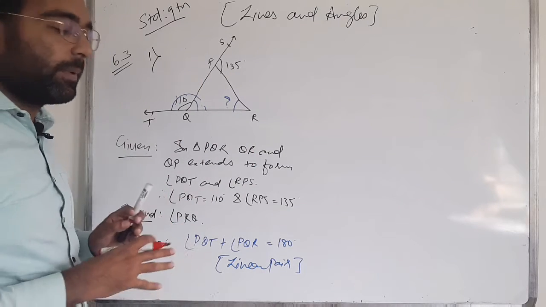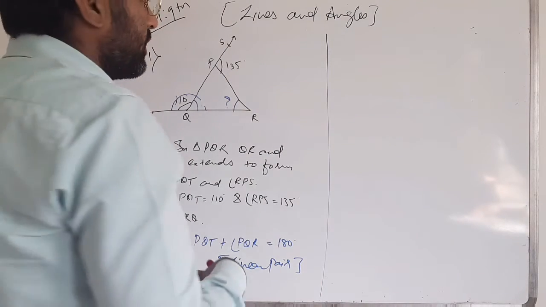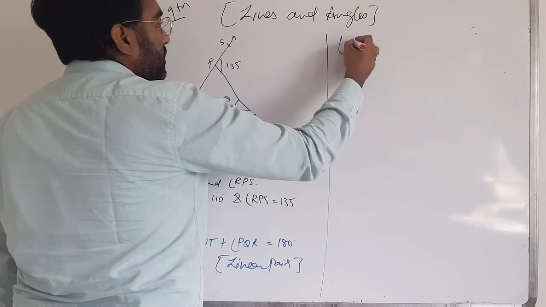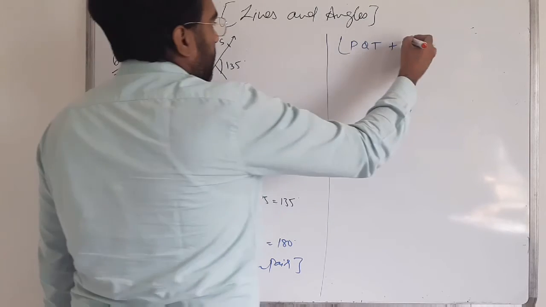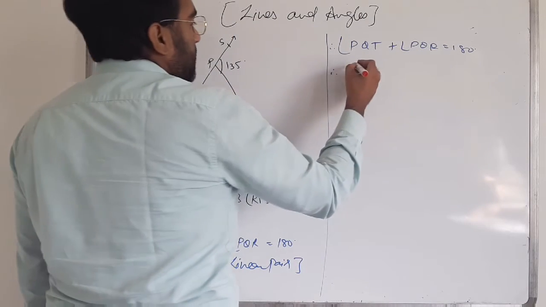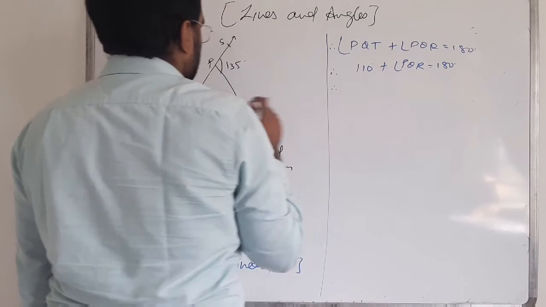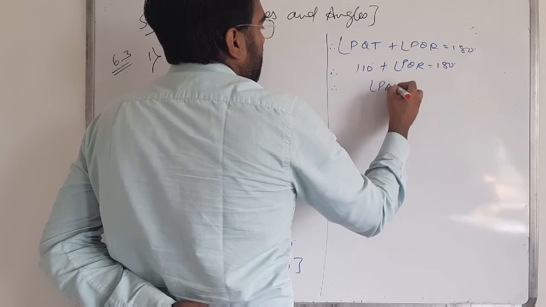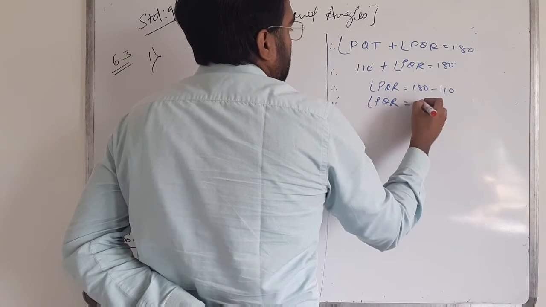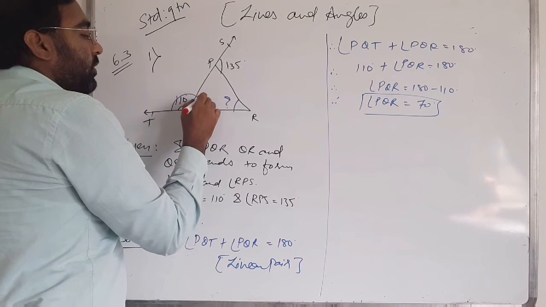You should write all these things, linear pair of angles. There is no space here, so I will not write it. Therefore PQT, that is 110, plus PQR, which we should find, is equal to 180 degrees. So angle PQR equals 180 minus 110, therefore angle PQR is equal to 70 degrees.